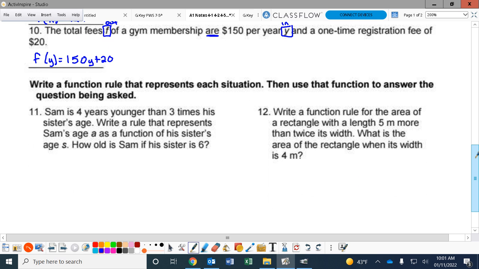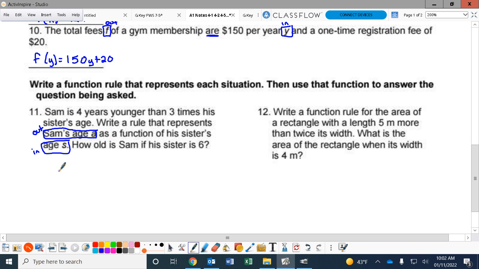Sam is 4 years younger than 3 times his sister's age. Write a rule that represents Sam's age A, so here's Sam's age A, as a function of his sister's age S. Guys, it's telling you Sam's age is based on his sister. So Sam is on the outside, his sister is on the inside.